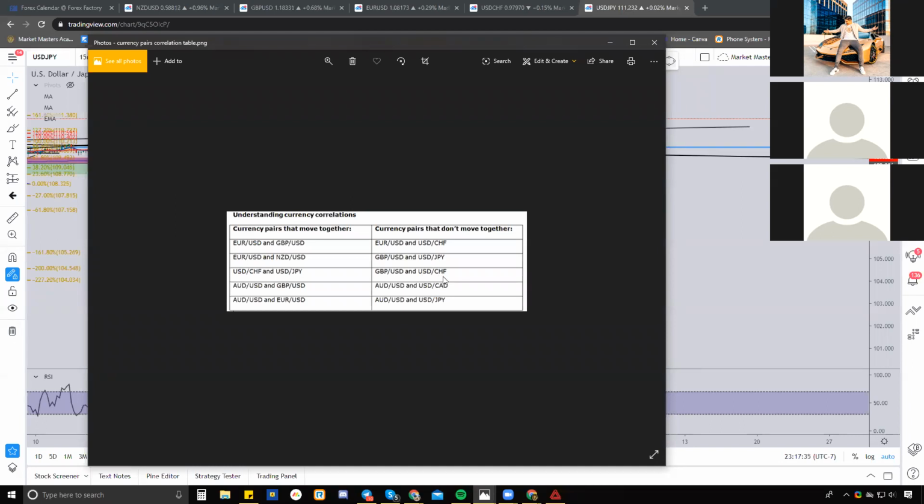AUD/USD moves the same. USD/CAD's not on this side, but overall, these are the main ones, being that they're major pairs as well. That being said, UJ moves opposite from GBP/USD and EUR/USD.